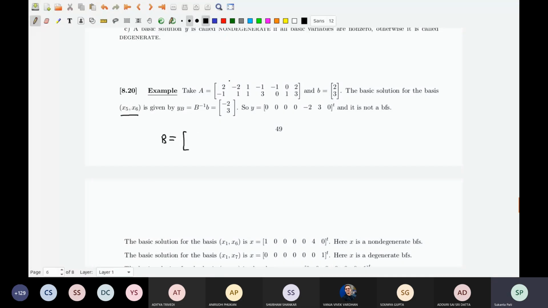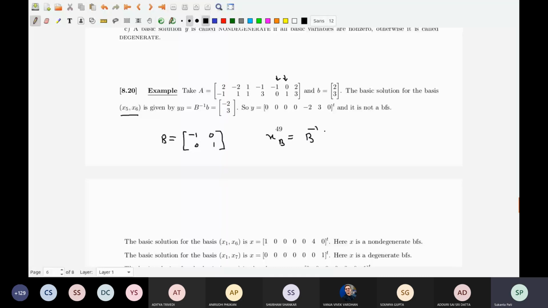So this is x5, this is x6. So capital B is -1 0 0 1. Now, what is xb? Now xb is obtained as B inverse b by putting xc equal to 0.